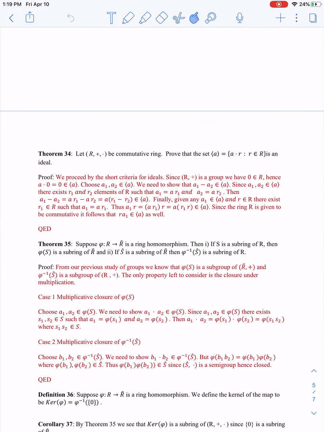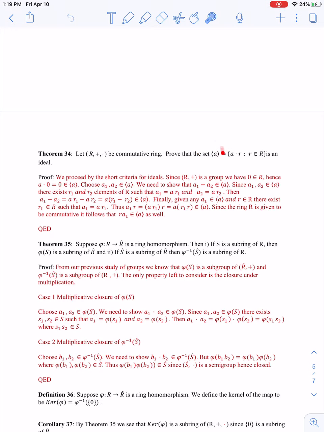All right. So using that, we're going to prove that this thing is an ideal. Now, what's this thing? Well, you'll recognize the notation for groups. This would be the cyclic subgroup generated by the element a. Well, with respect to rings, though, what we mean by this is it's still called the cyclic ring generated by the element a, but it's no longer taking a and adding it to itself.